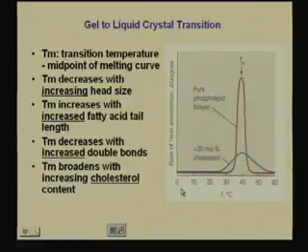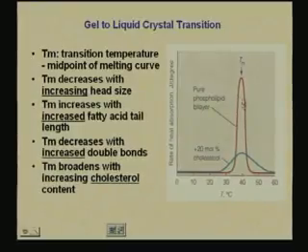When we look at the heat absorption, we have temperature along the x axis here. When the temperature is low, everything is ordered. All the fatty acid chains are ordered in some fashion, and at some point it moves over to the liquid crystal state because of a disruption in the order.